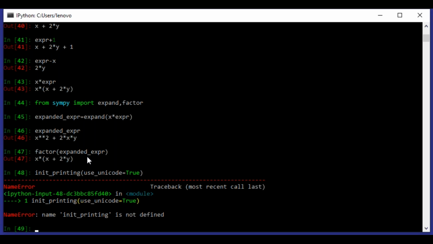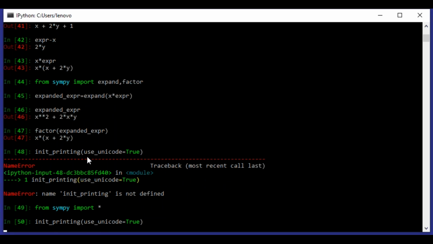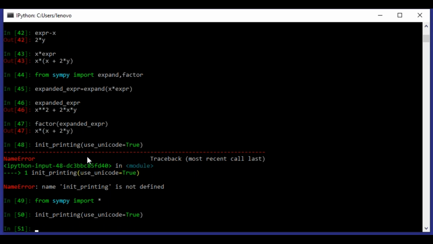Okay, wait. From SymPy import star. I think now it is okay.